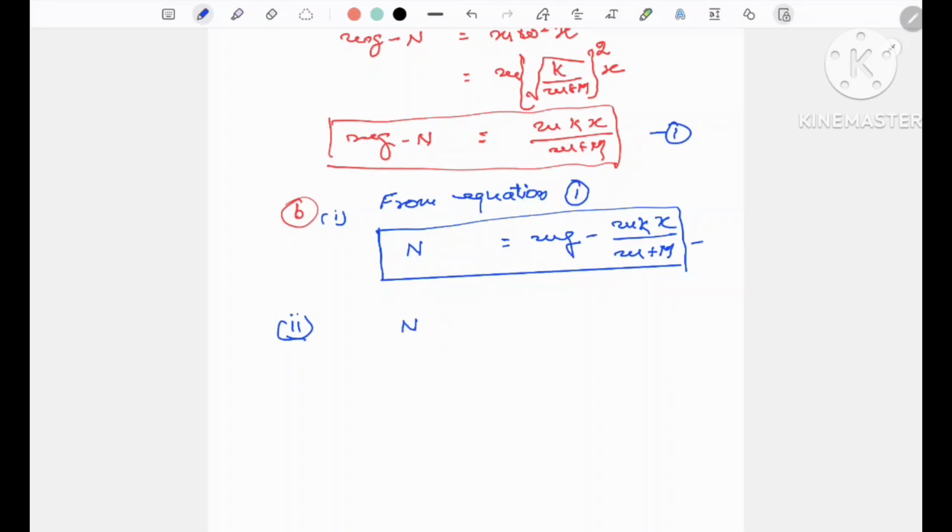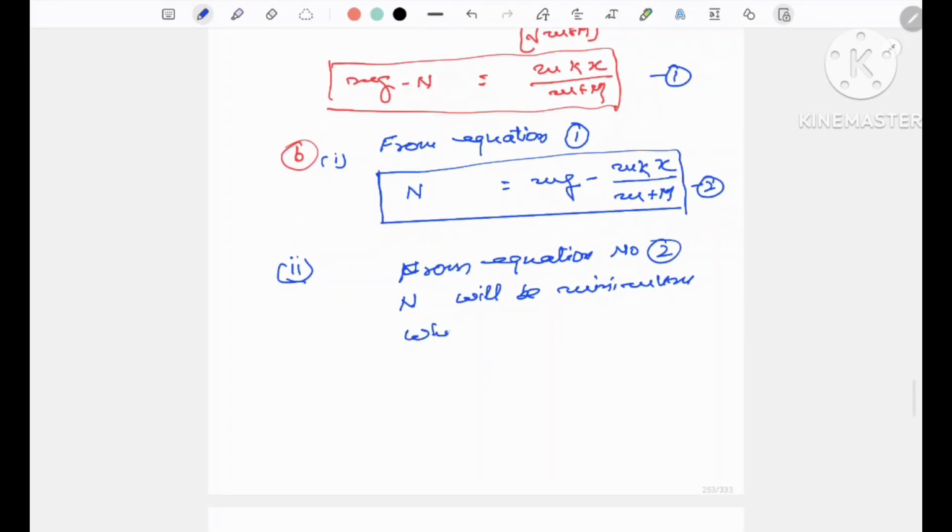From equation number 2, N will be minimum when m k x by (m plus M), or x, is maximum.